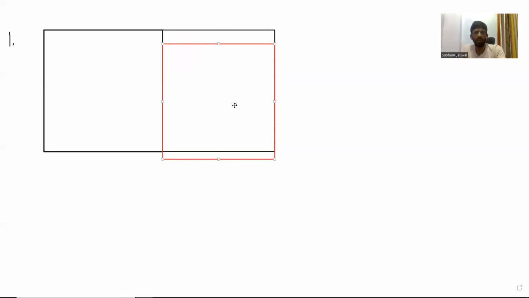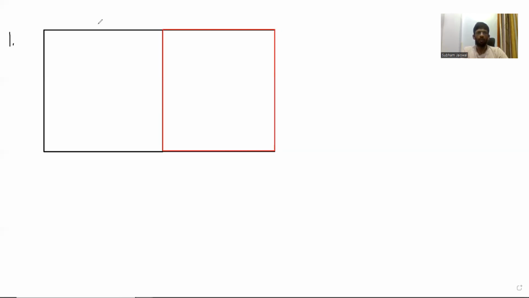It's automatically becoming a square. This is rectangle.